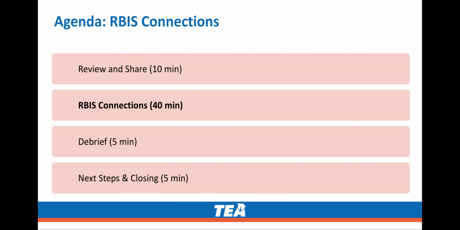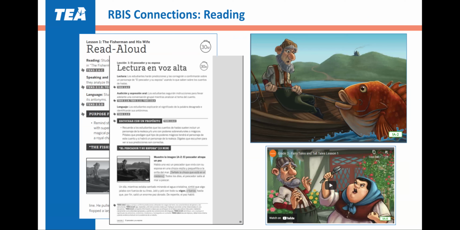Now let's dig into the RBs connections. Read alouds are designed to build listening comprehension, and it's essential that flipbook images are displayed to promote visual connections to the text. The text used in the read aloud is intended to be teacher-facing only.